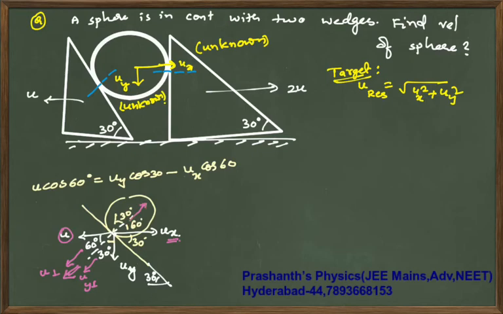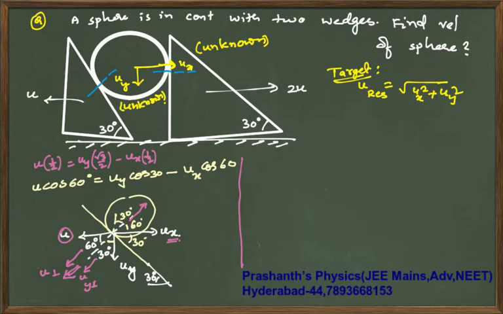Downwards I am keeping plus, upwards I am keeping minus. So this is your first equation. If you want to simplify: cos 60 is 1 by 2, so u by 2 is equal to uy times cos 30, which is root 3 by 2, minus ux times cos 60, which is 1 by 2. So this is your first equation.